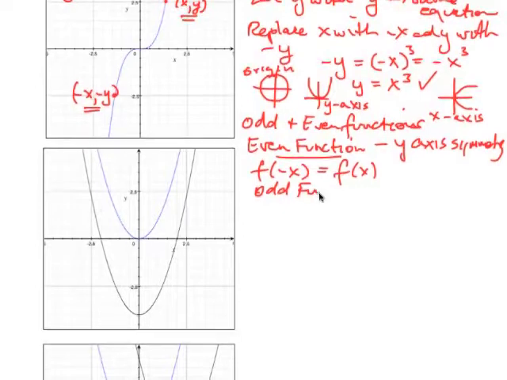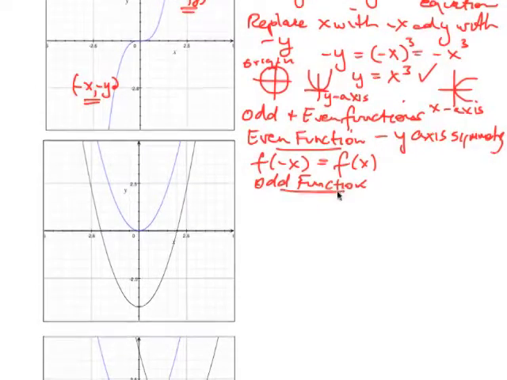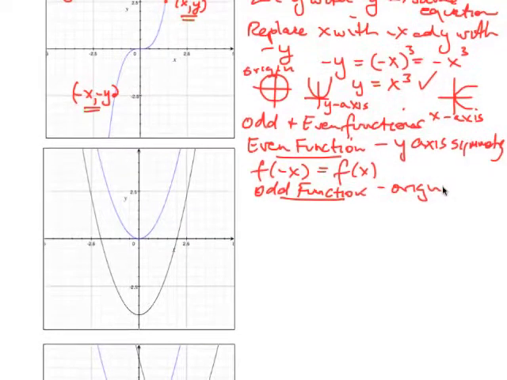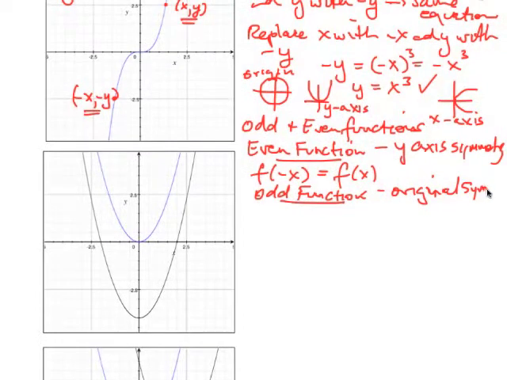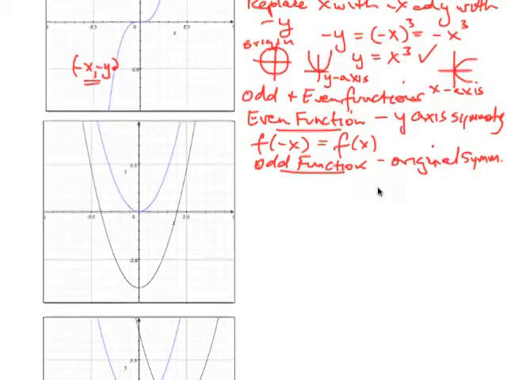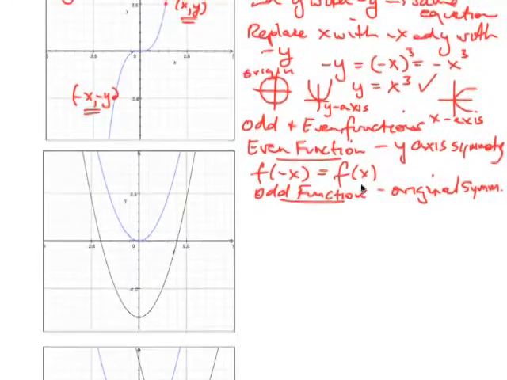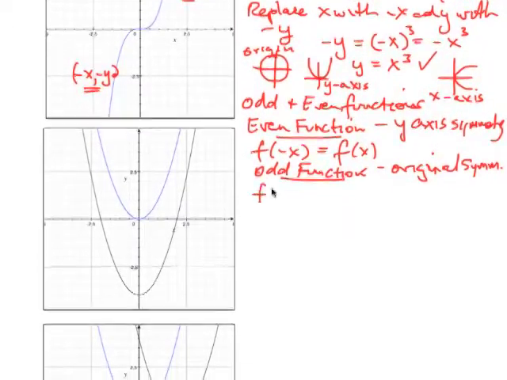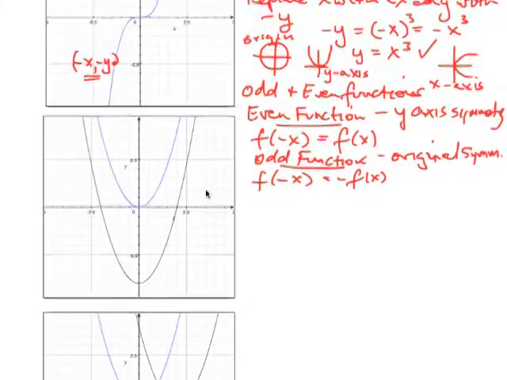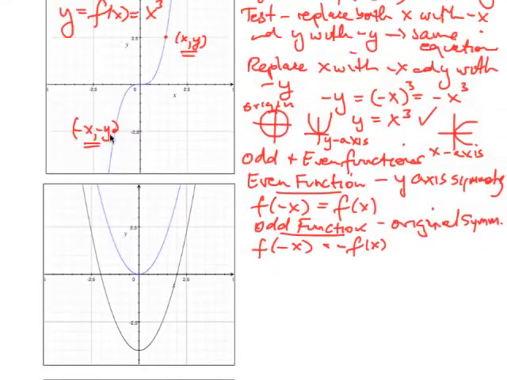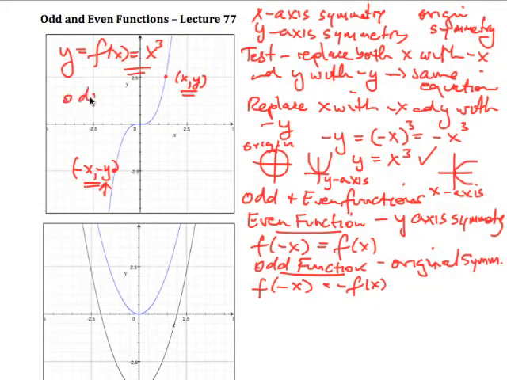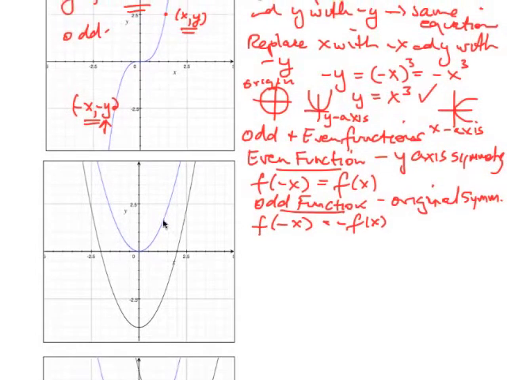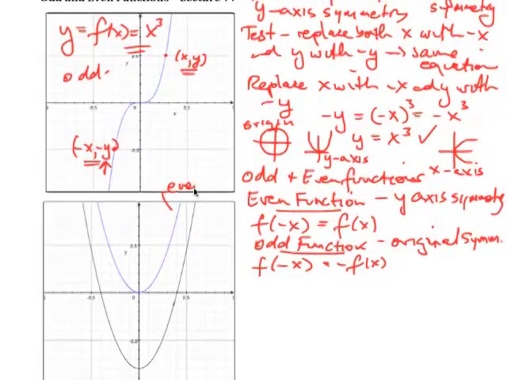For an odd function, it has origin symmetry, and in this case, if I take f of negative x, I end up with negative f of x. In other words, if I get the negative of x, then I get the negative y up here. So you can see that this one here is an odd function. You can see this parabola here is an even function.